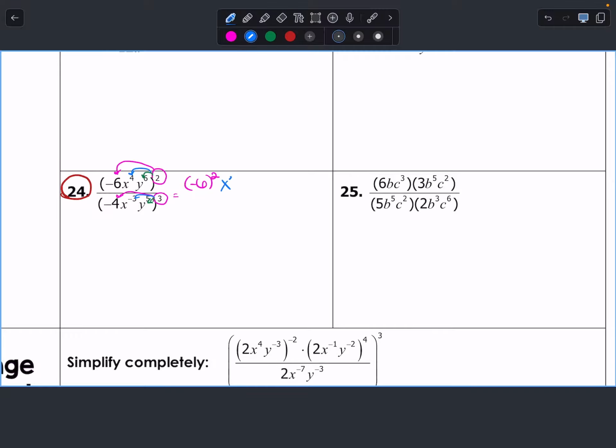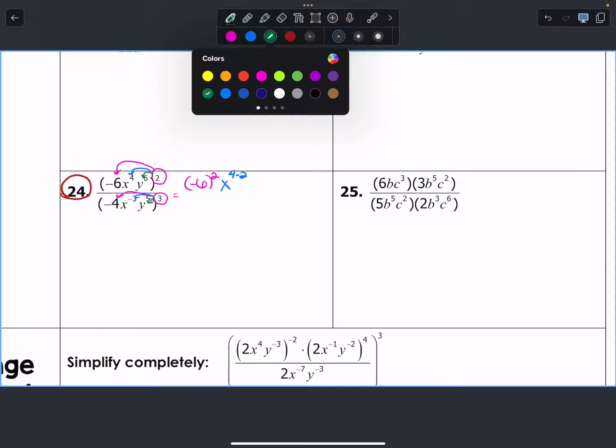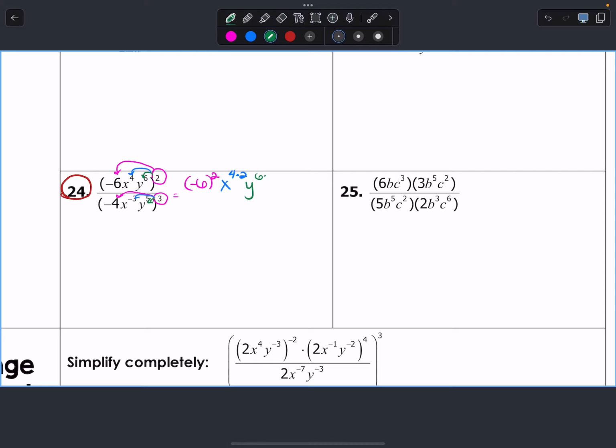I get an x to the 4 times 2. I get a y to the 6 times 2. Divided by a negative 4 cubed. And x to the negative 3 times 3. And a y to the 5 times 3.